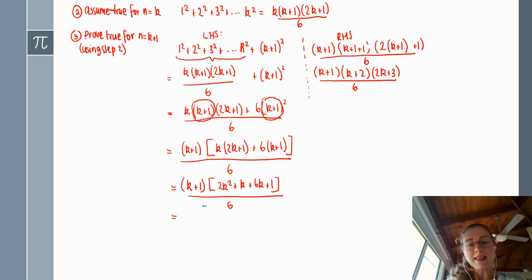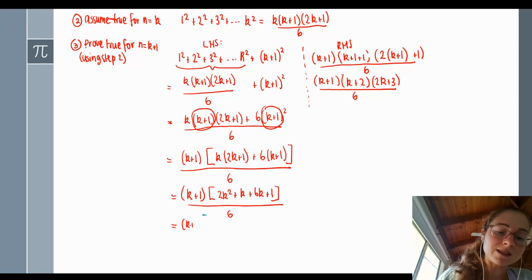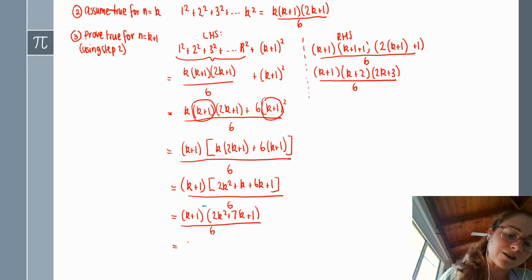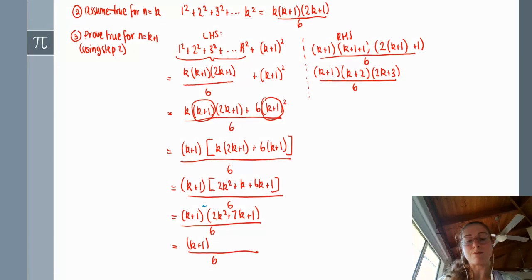Okay, and then maybe again we keep simplifying. I would get 2k squared plus 7k plus 1 all over 6. Now notice the k plus 1 can stay the same, and the 6 down the bottom can stay the same. But 2k squared plus 7k plus 1, if you factorize it, guess what it's going to factorize into?